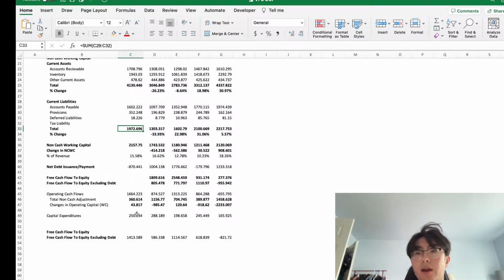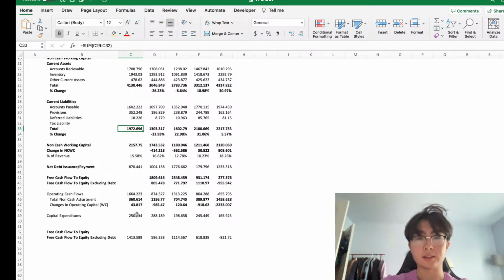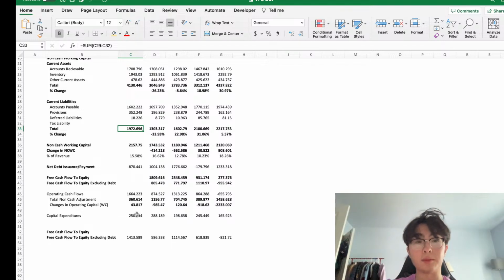And so, statement of cash flows, there's 3 different sections. There's cash flows from operating activities, cash flows from investing activities, and cash flow from financing activities. And what we start with can be the cash flow from operating activities.